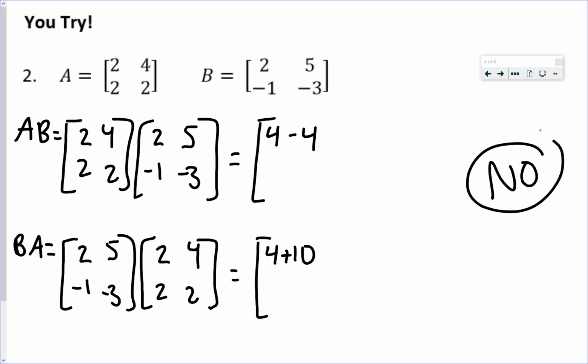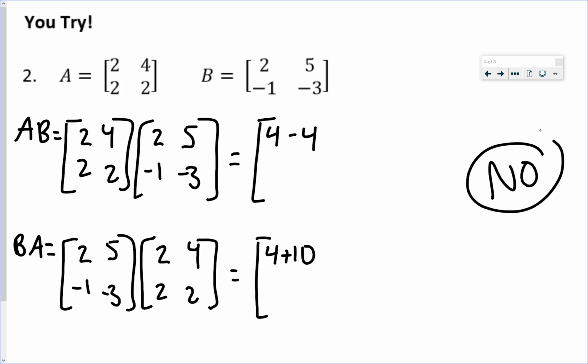So AB, your very first entry is what, a 0? Well, that's not part of my identity matrix, so I can go ahead and say no, they're not inverses. If you were doing BA first, you got 14. Well, that's not the number 1, so go ahead and say no. All right?